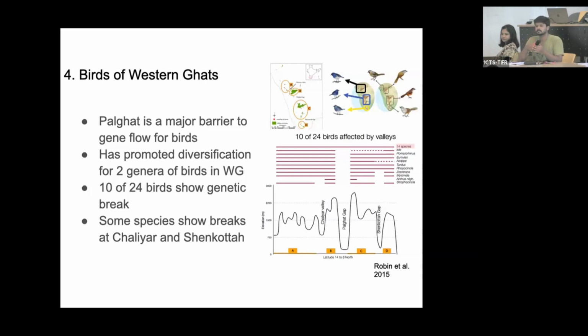Yeah. So there are 2 things. One is which species we are talking about. Some species can fly across the Palghat Gap. In our set of 24 species, 14 were able to do that. They fly across the Western Ghats, there's a lot of dispersal movement across, so genetically they're similar.